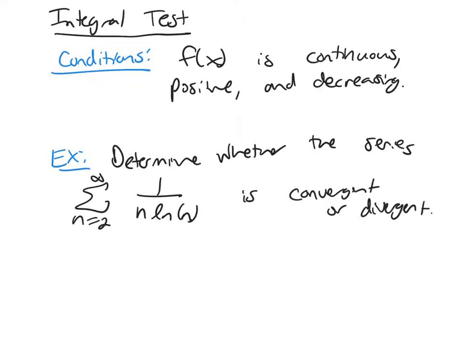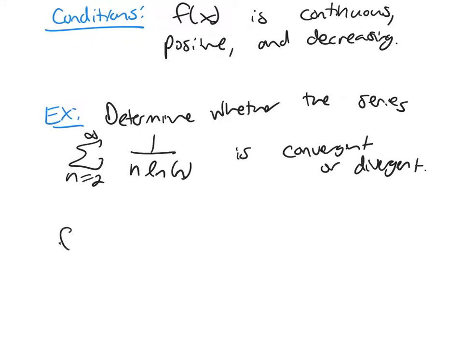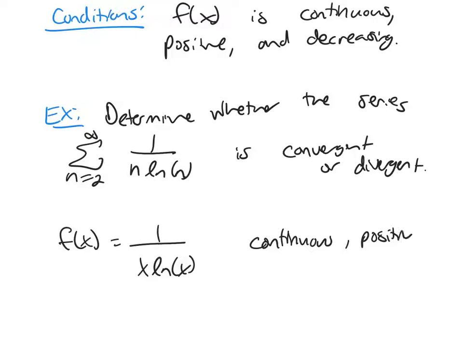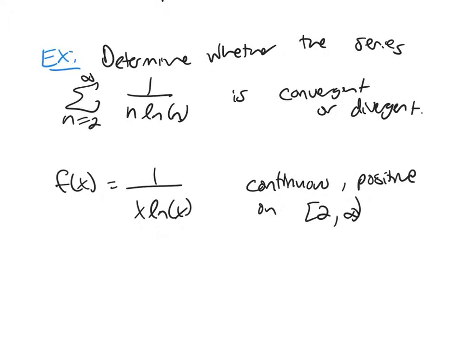So the first thing you do if you're going to use the integral test, turn it into a function, swap out n for x. This is continuous because the denominator won't be 0, and positive on my interval 2 to infinity. And now we need to show it's decreasing.